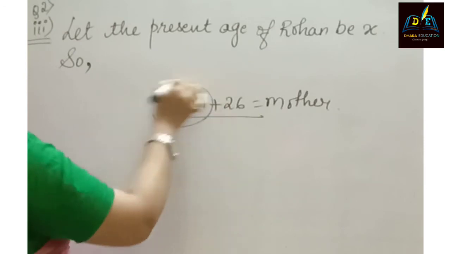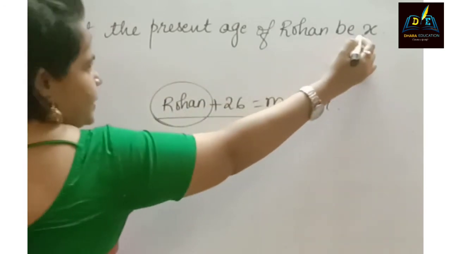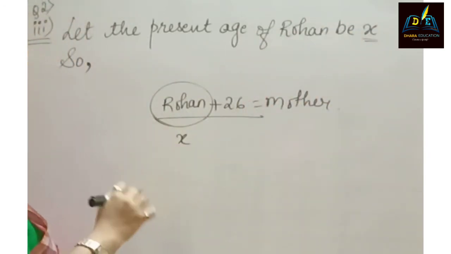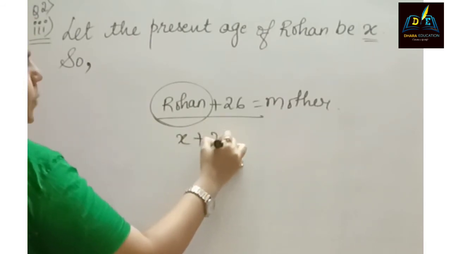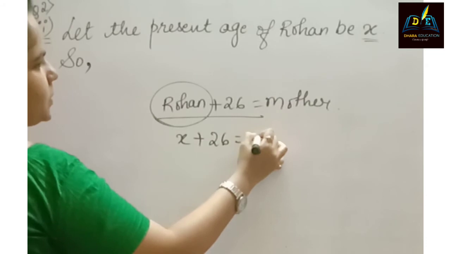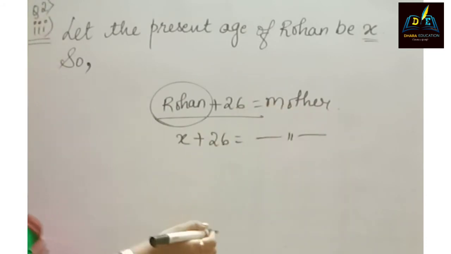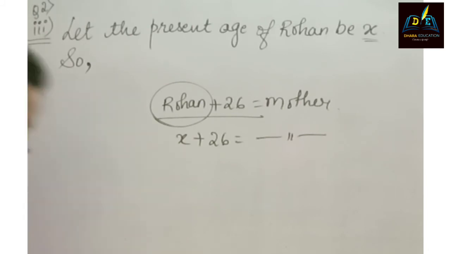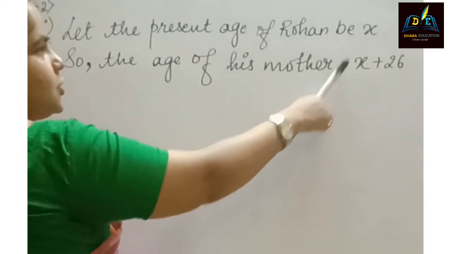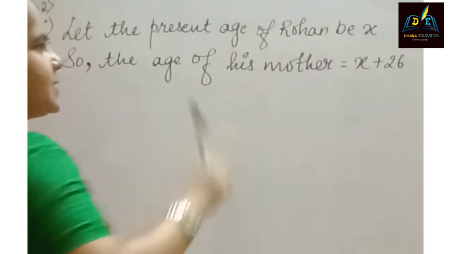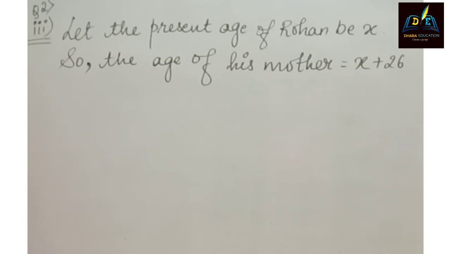So, if Rohan is x, we have taken his present age as x because we don't know. So, plus 26 is equal to the mother's age, correct? So, I have written, the age of his mother is equal to x plus 26 as it is given already in the sum. Now, what is the next one?